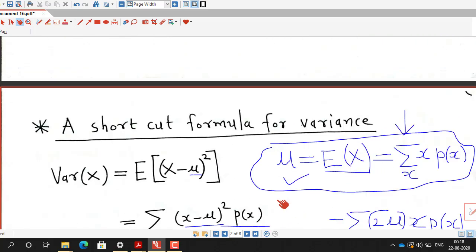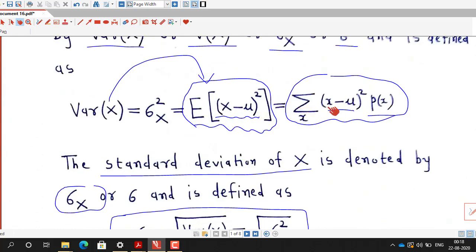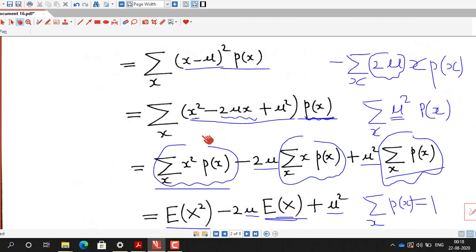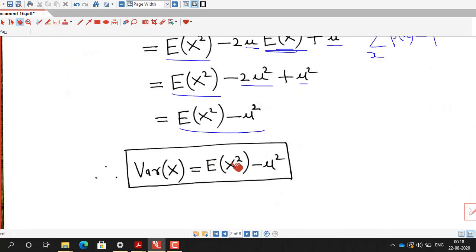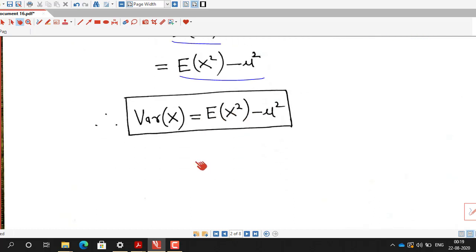So either we can use this definition to find out variance, or we can use this shortcut formula also. To use this shortcut formula, we have to first find out mean of random variable, and then we can find out expected value of x square, and then their difference is nothing but variance of X.